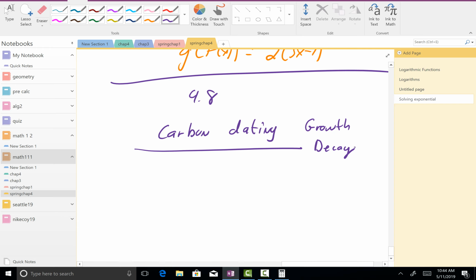And they're giving you the equation. They're saying that A sub t is equal to A sub 0 e to the kt. So if I had a problem like this, I would give you the equation or give you at least some data so you could find it.